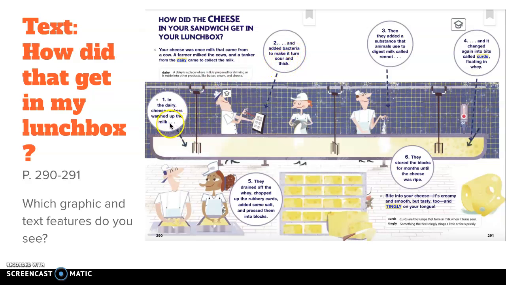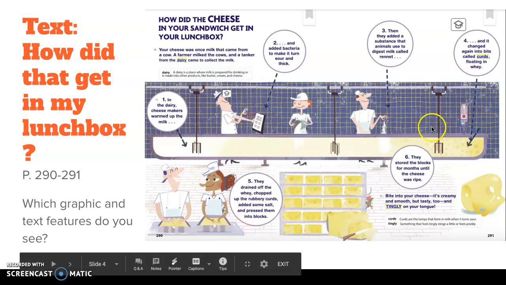So here we can see special punctuation. They used ellipses here, here, here, and here. What that means is that these steps are continuations of each other. So steps 1 through 4 are kind of one step, and steps 5 and 6 have to do with after the milk is processed.